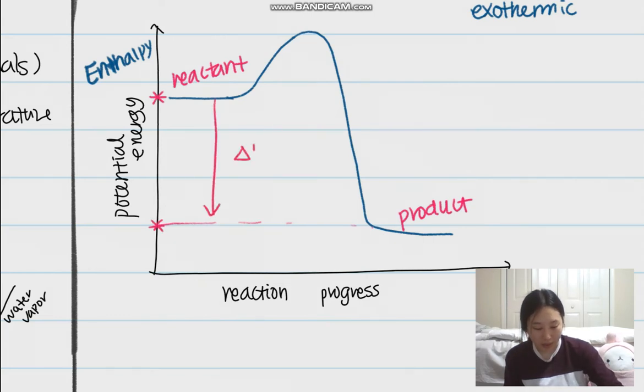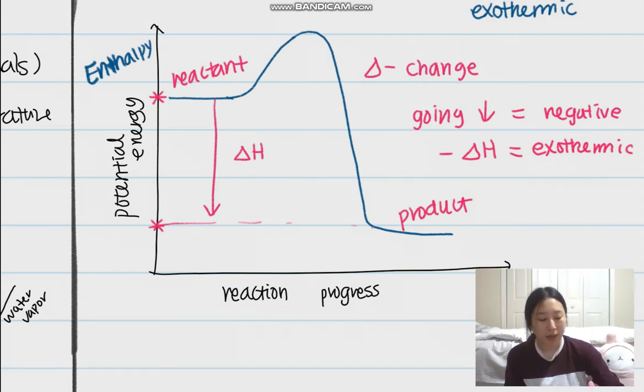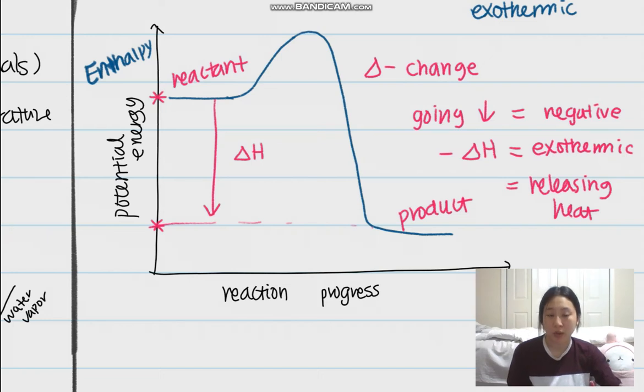So for delta H, delta means it's a change. When you're going down, it means a negative. So when you have a negative delta H, we call that an exothermic reaction. Negative delta H means you are releasing heat. We're going to come back to this one again when we are talking about enthalpy.